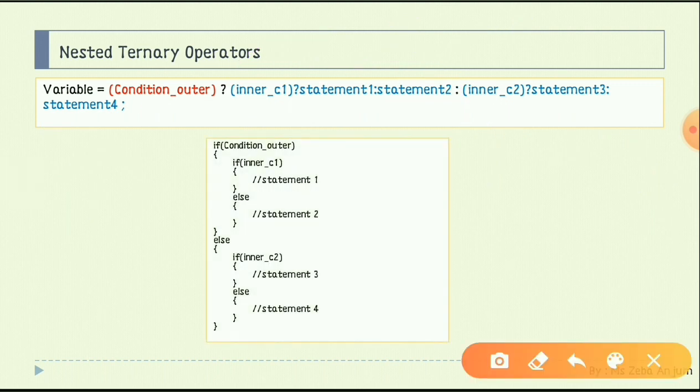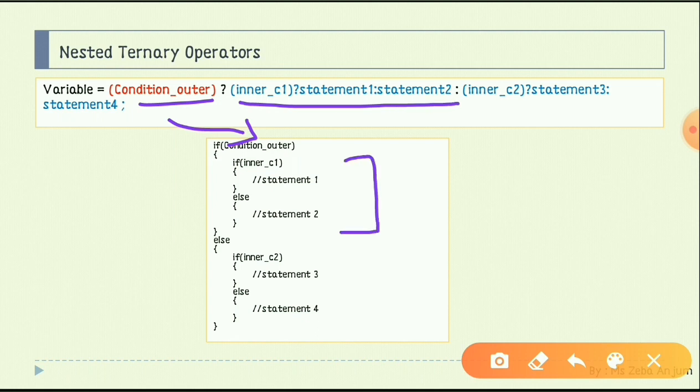This outer condition will be coming over there in the bigger if block, and all this will be merged inside the bigger if condition. See, we are having again a ternary operator, so again we are dividing this whole bigger if condition into if else parts. Your inner c1 will come over here, the condition. Statement 1 is for true, so it will be coming in your true block.